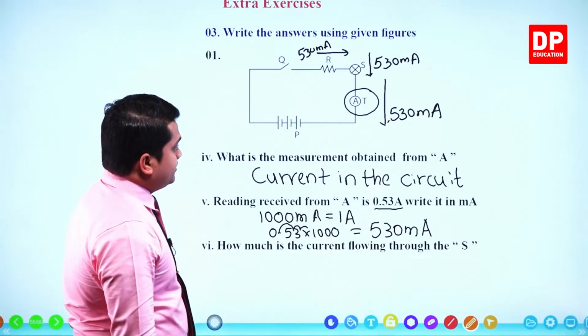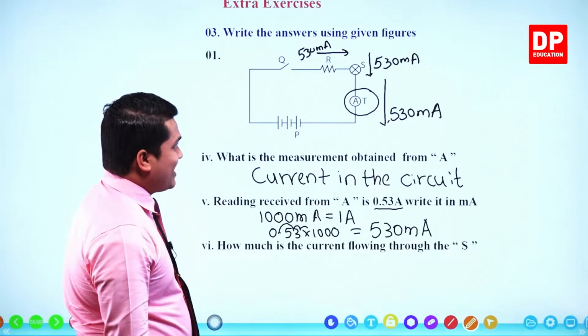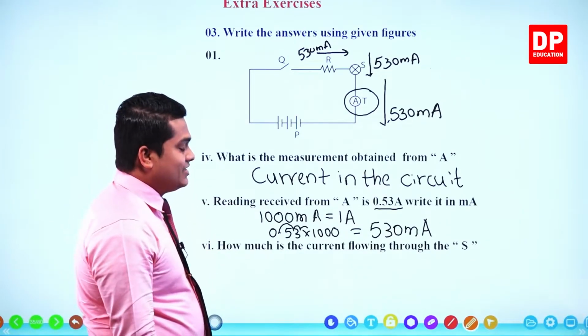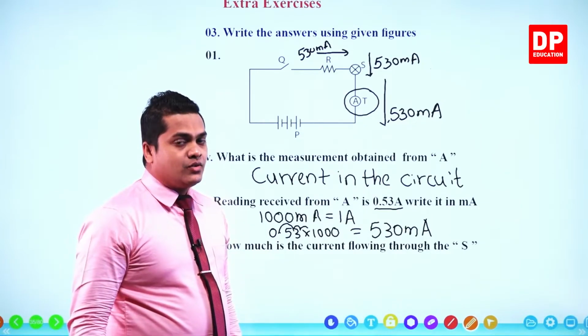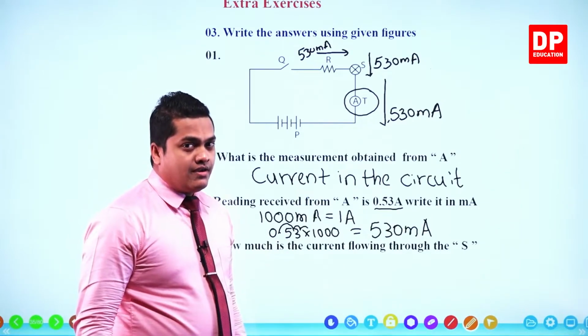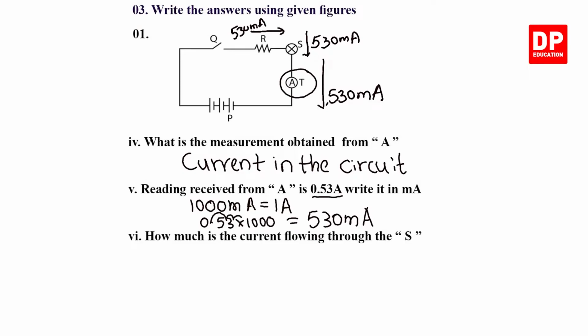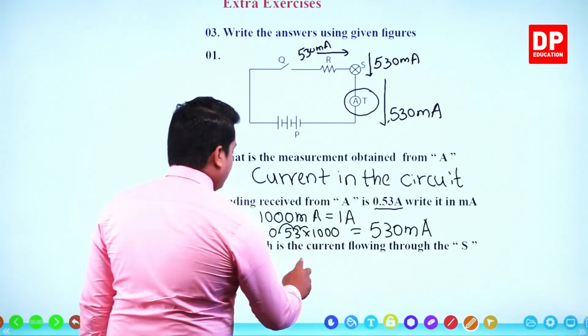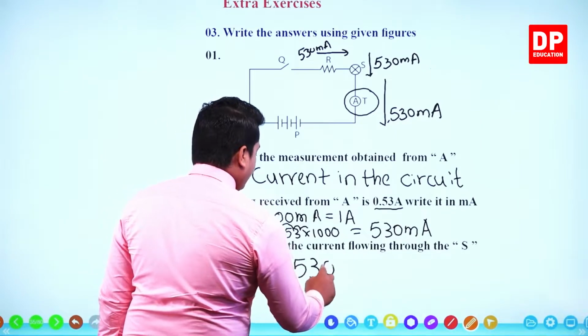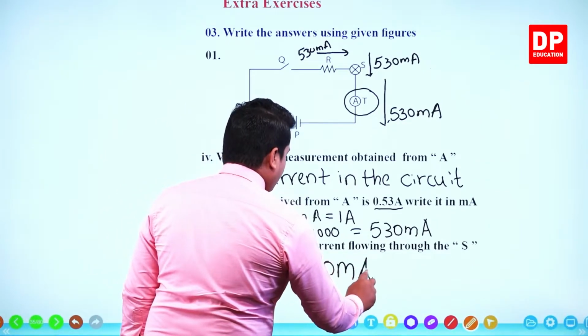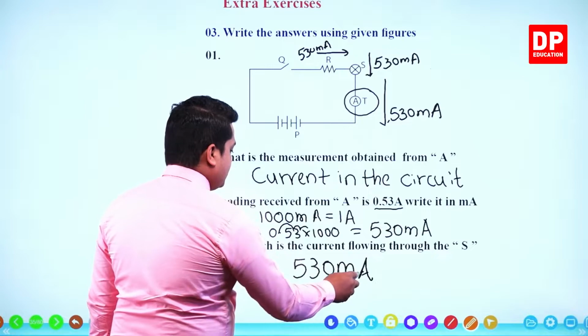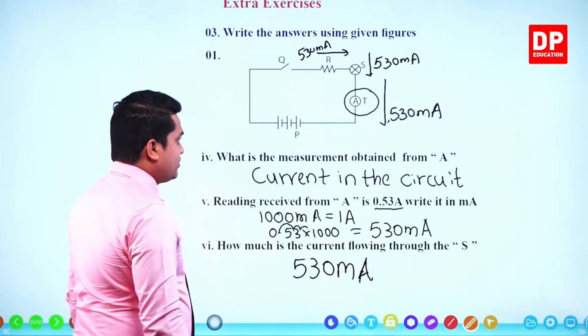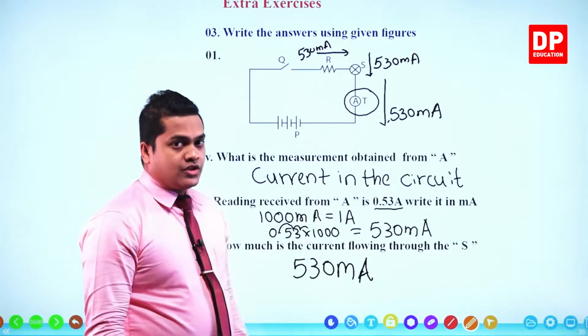So my dear children, answer for this question, as they are series connected, the same current is going to flow from each and every equipment. So our answer would be the same as above, 530 milliamperes. It is the same as the above value because they are series connected to each other.